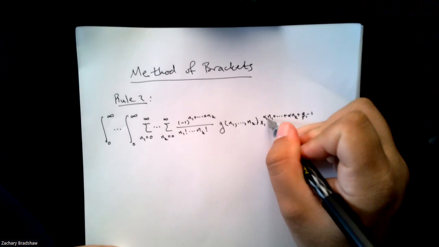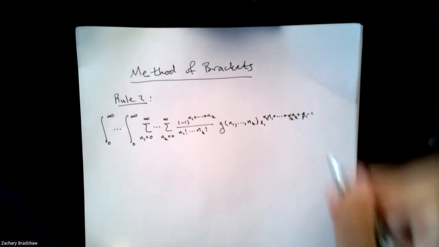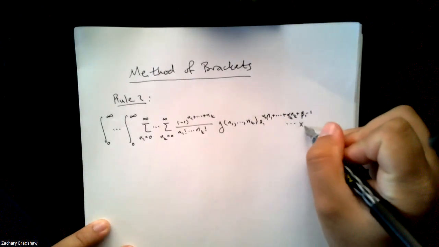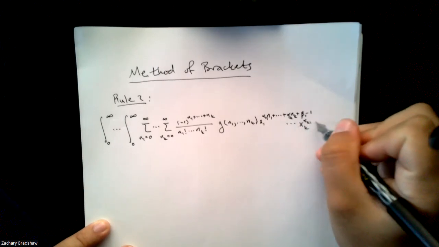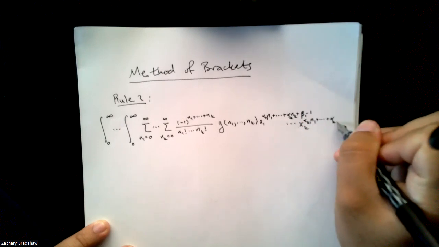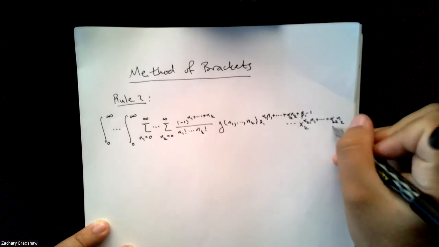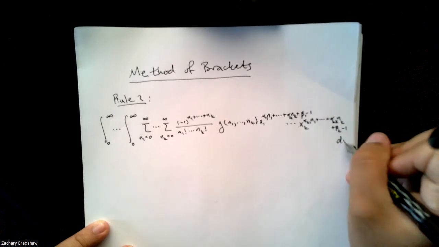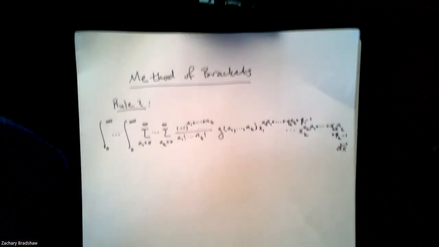So let's call this alpha 1, 1, and this one will be alpha 1k. All the way up to xk, and here we will have alpha k1 n1 plus alpha kk nk, and there's a plus beta k minus 1 in that exponent. And of course, there's the differential here. Okay, what's this?